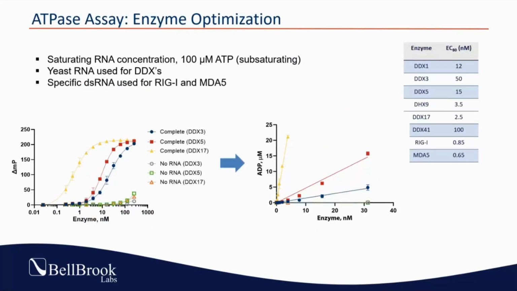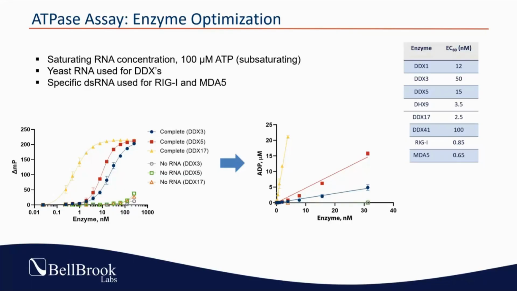So this is the type of optimization we do for the Transcreener ADP assay. This is after optimizing the RNA concentration and ATP and doing a fair amount of research on the best RNA substrates to use.